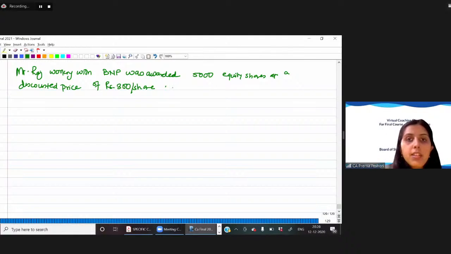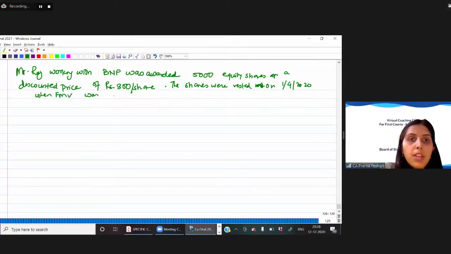The shares were vested on 1/4/2020, when fair market value was rupees 650 per share.